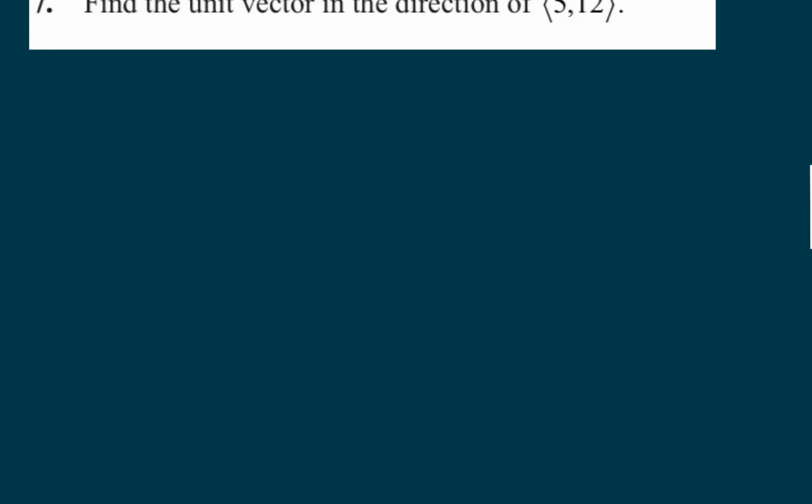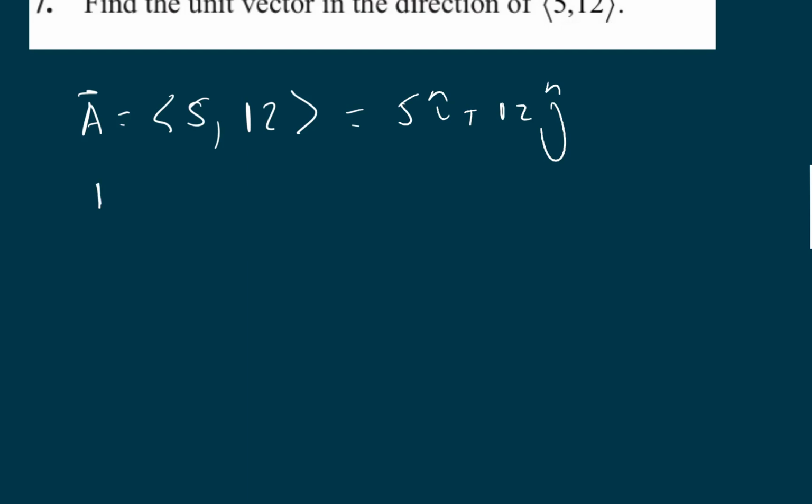This problem says find the unit vector in the direction of the vector A. The vector A is the vector 5, 12. So it's the vector 5i plus 12j. And this vector has a magnitude.